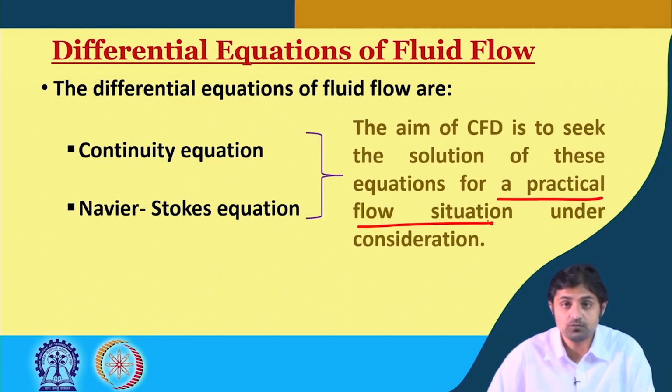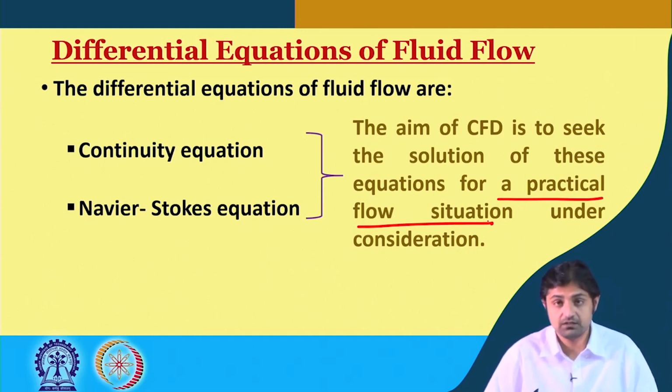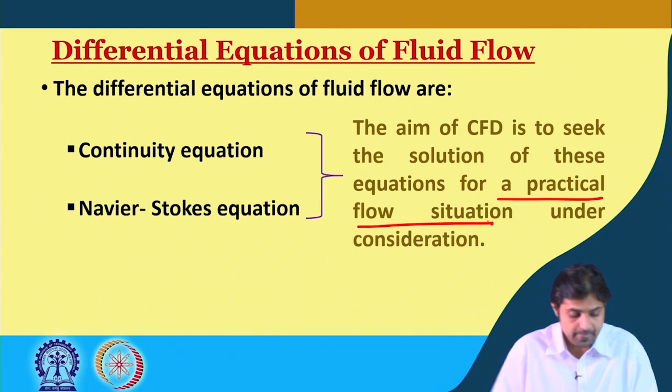We should not assume, say, a velocity of 1 lakh meters per second or something like that. The simulation should be very much practical in nature, like a velocity of 1 meter per second, or a wave traveling with a wave height of 1 meter. If we assume a wave height of like 100 meters, it might not be very real, for example.